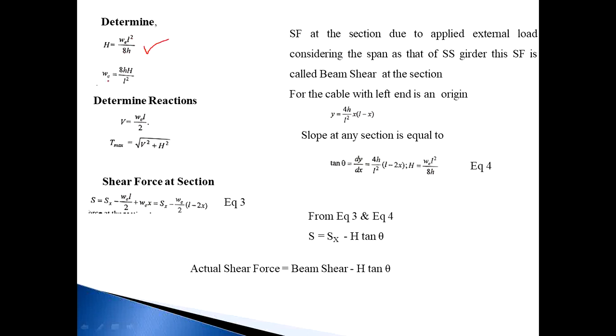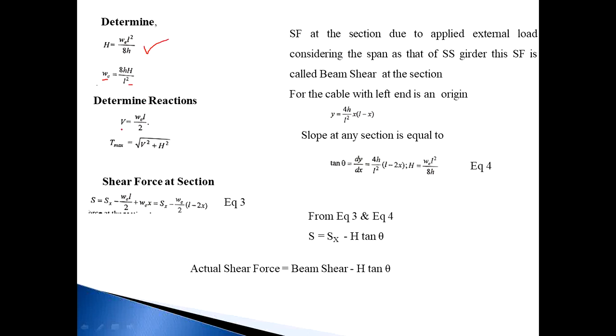So in this problem we want to calculate the intensity of the UDL. How to calculate WE? By using this equation, that is WE is equal to 8h into capital H divided by L square, where WE is the intensity of the UDL, h is the dip of the cable at a distance of x, H is the horizontal reaction, and L is the span. Then determine the reactions.